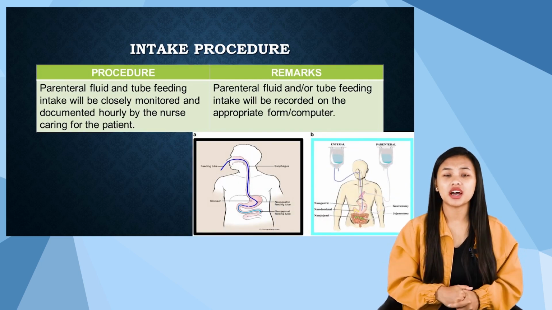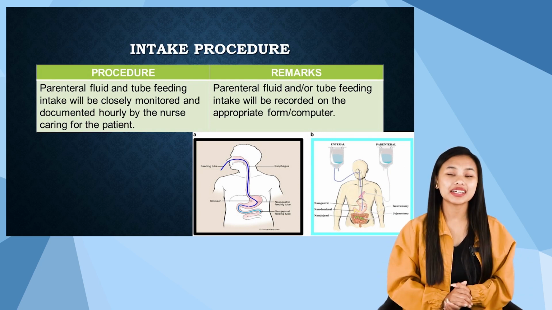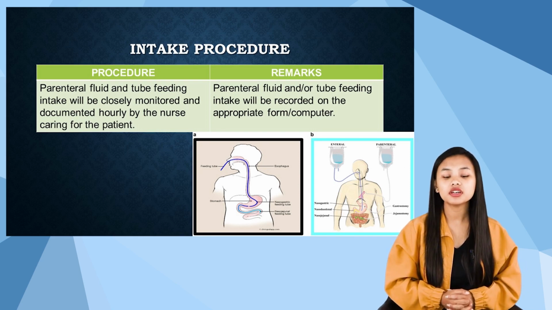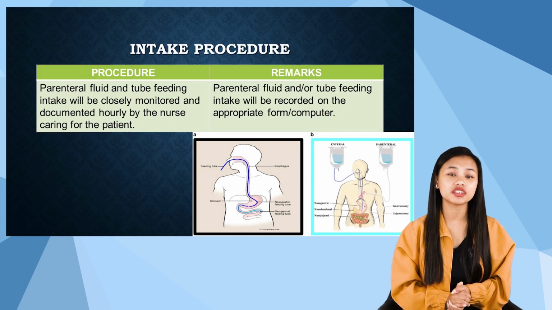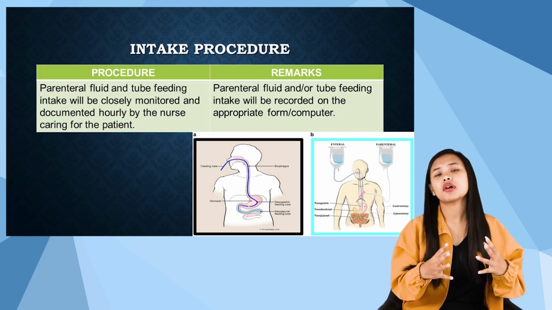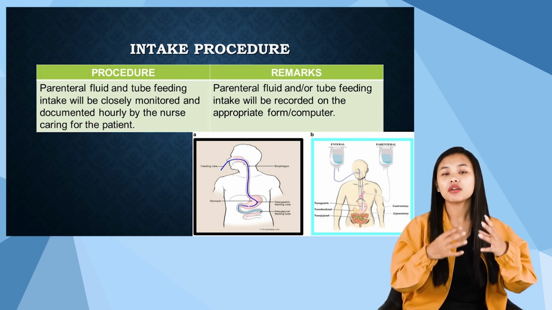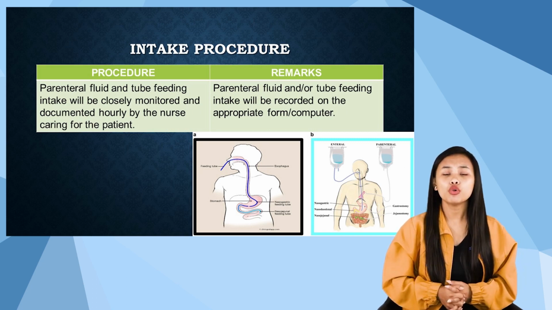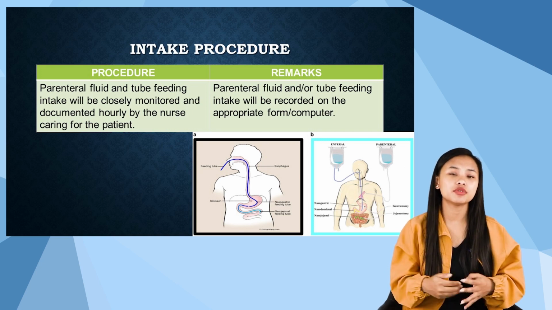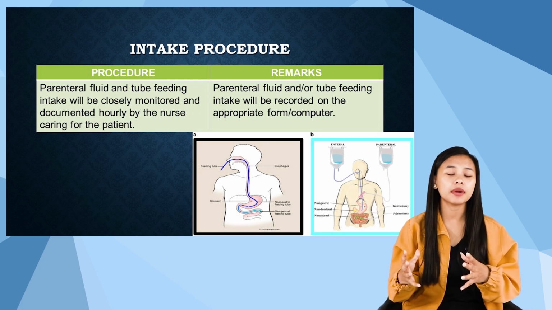However, if the patient is under any parenteral intake or tube feeding, then this intake will be closely monitored and documented hourly by the nurse who is providing care for this patient. So recording the intake of a person who is under parenteral or tube feeding is easier than recording the intake of a person who can also consume orally, because for those people, we may not get a detailed idea of what they are consuming, at what time and at what amount.